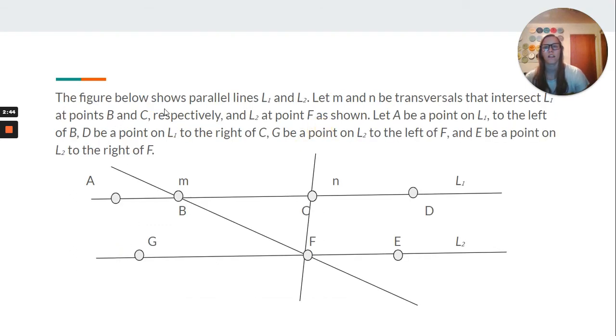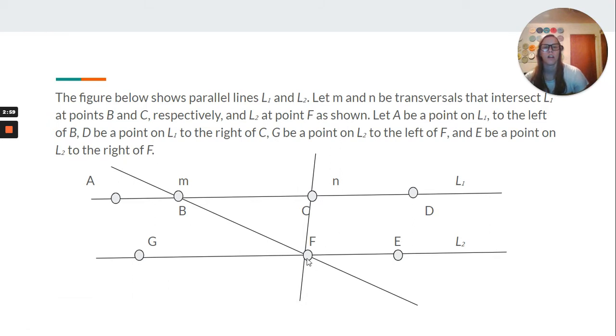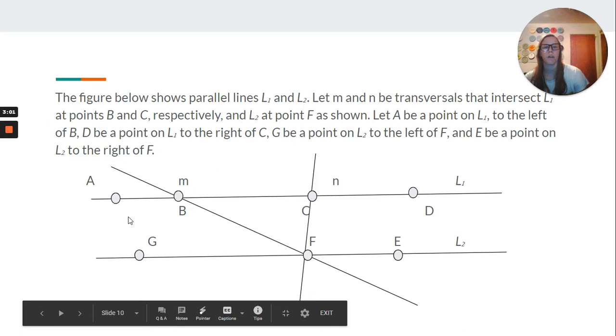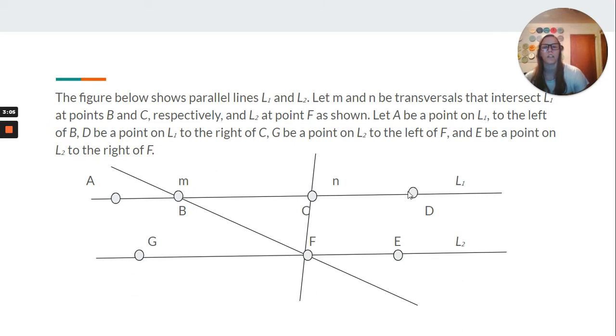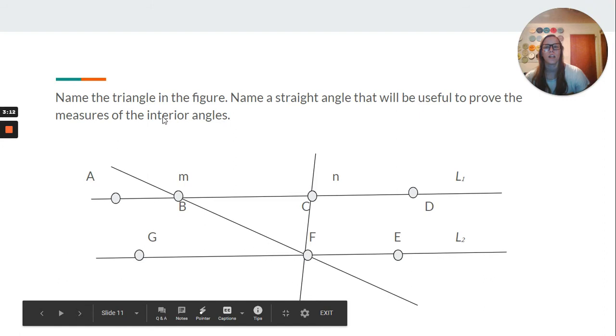Moving on, the figure below shows parallel lines L1 and L2. Let M and N be transversals that intersect L1 at points B and C, and L2 at point F. Let A be a point on L1 to the left of B, D be a point on L1 to the right of C, G be a point on L2 to the left of F, and E to the right of F. Name the triangle in the figure.